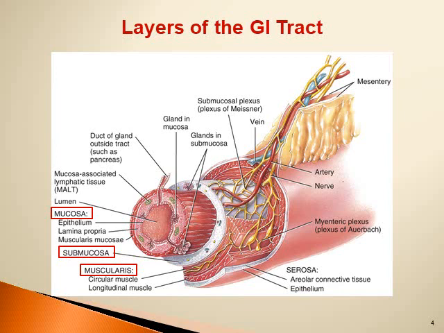To note that in most parts of the alimentary canal, from the stomach down to the large intestine, the muscularis externa is composed of smooth muscle cells, except for the esophagus where we can find some striated muscles. The fourth layer, which is the outermost layer, is the serosa, that is composed of an areolar connective tissue and a layer of simple squamous epithelium.